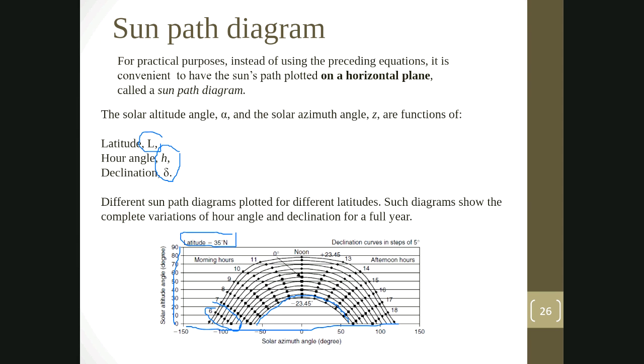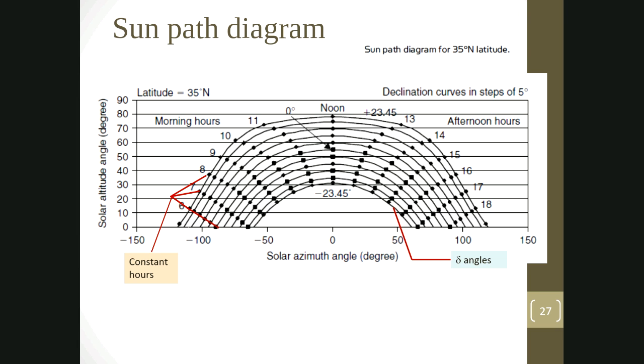I will have a graph for each latitude. Here is the graph for latitude 34. For each individual latitude I have a graph, drawing the solar altitude and solar azimuth. These solid lines represent the declinations, and the dotted lines represent the hour angle. Depending on the latitude, 30, 40, 45, whatever, I will have many graphs like this. The dotted lines represent the constant hours from sunrise to sunset, and here is the noon.